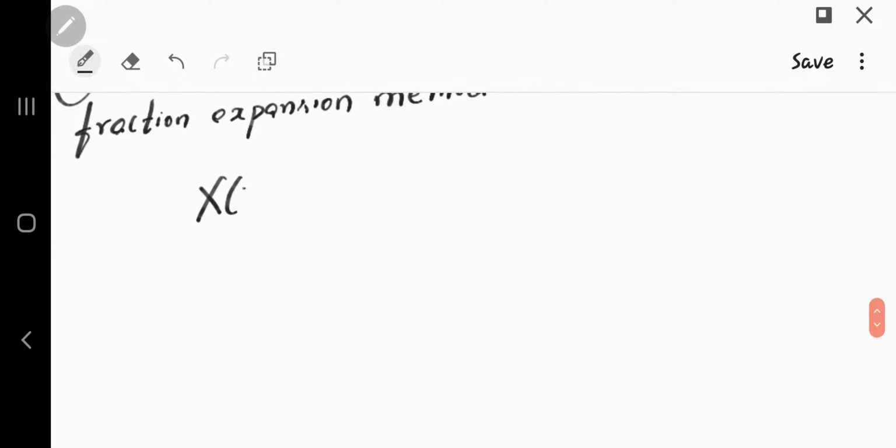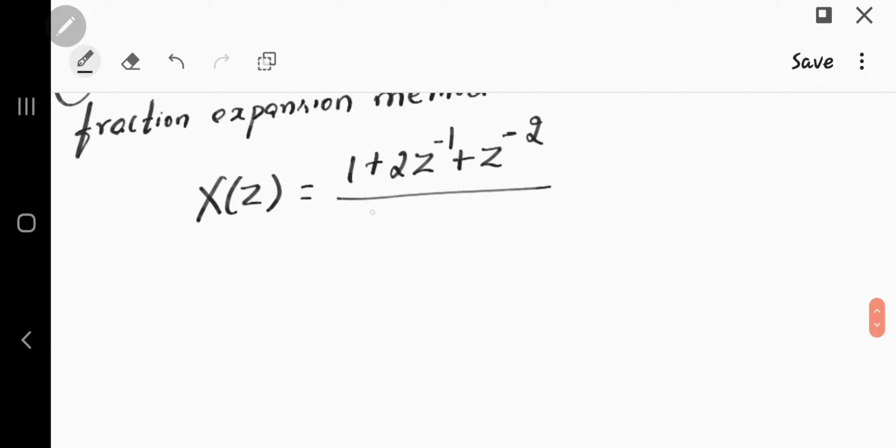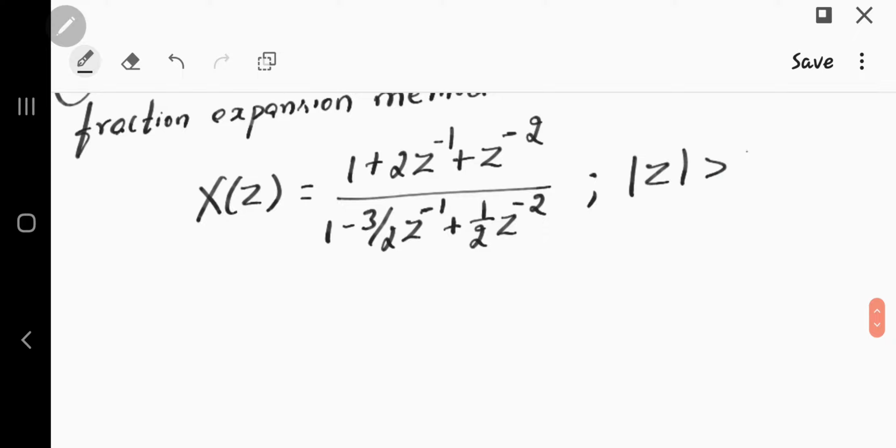So given X(z) is equal to (1 plus 2z inverse plus z to the power of minus 2) divided by (1 minus 3 by 2 z inverse plus 1 by 2 z to the power of minus 2) with ROC |z| greater than 1.